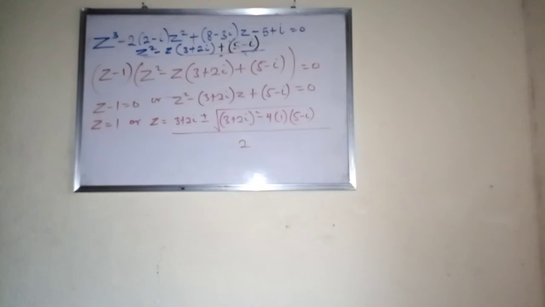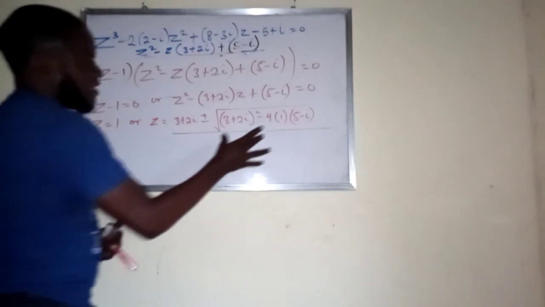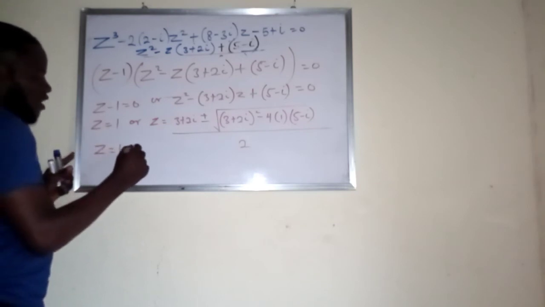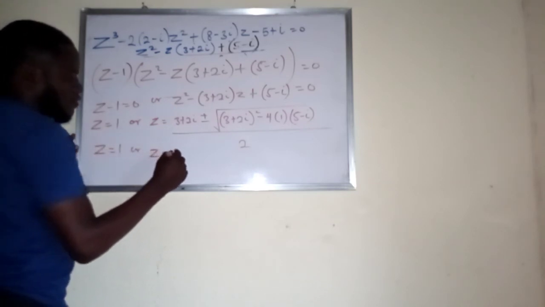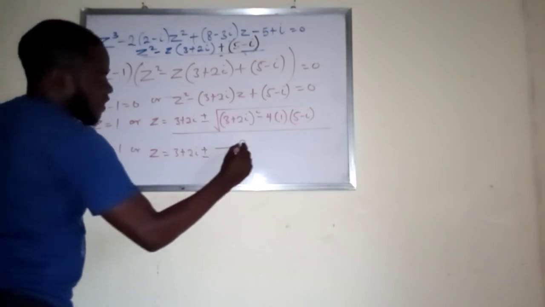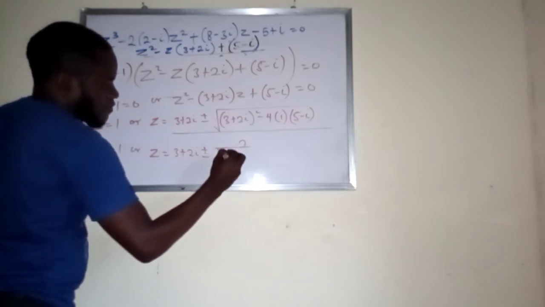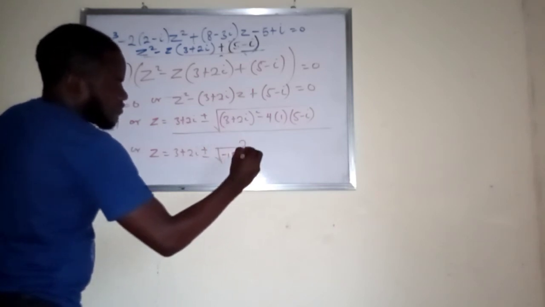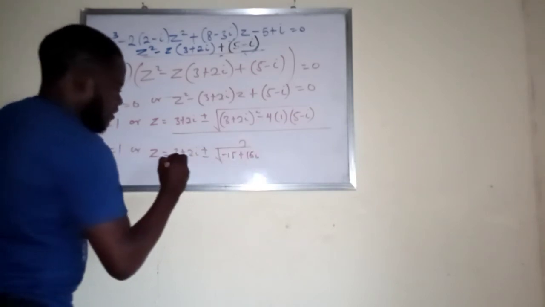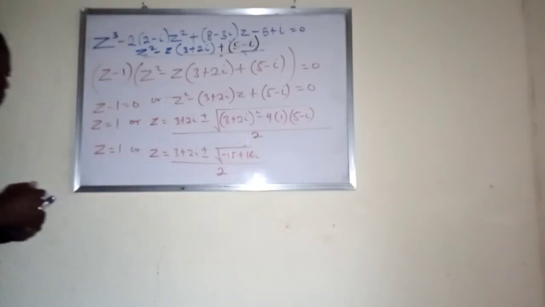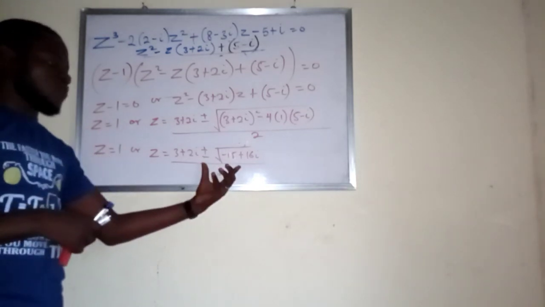So if I have this, I'll be having minus 15 plus 16i if I factorize this. So this equation will be z equals 1, or z equals (3 plus 2i) plus or minus the square root of minus 15 plus 16i, divided by 2. Are we together? So this is one value and this is the remaining two values.